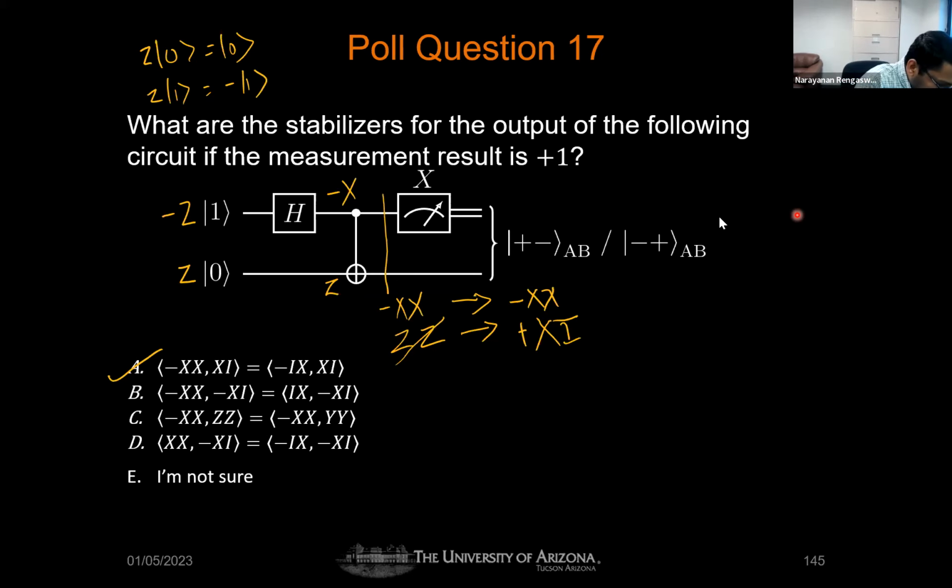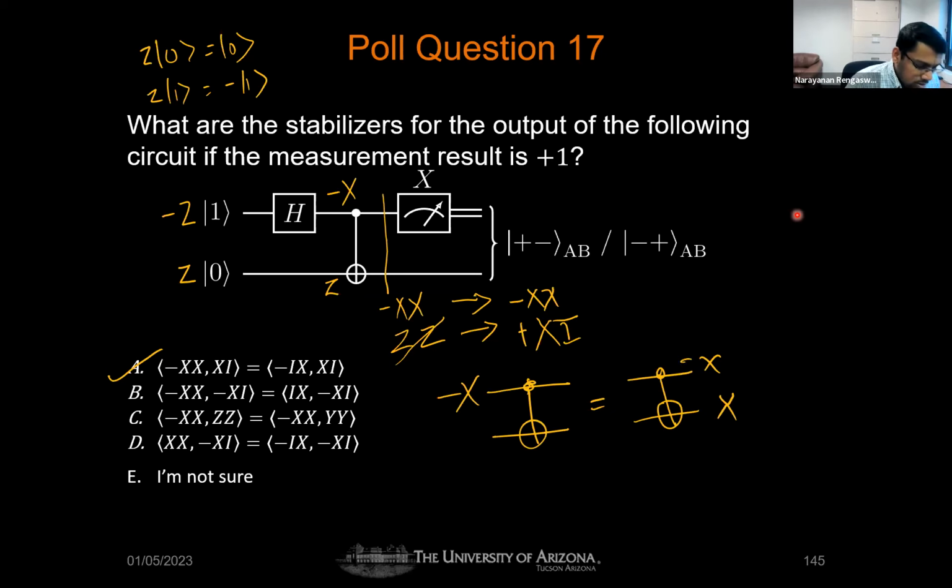I'll go through the CNOT again. The rule that we saw earlier was that X at the input of the CNOT is the same as first doing the CNOT and then doing X at the output. When you have a minus, the minus just remains.